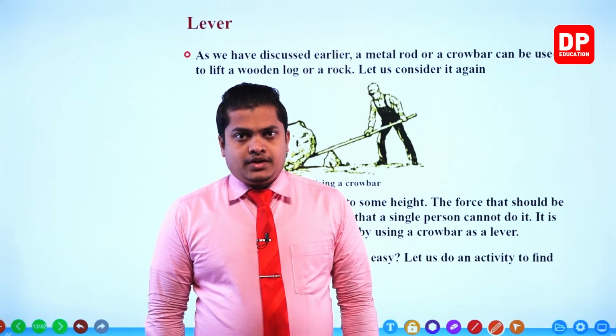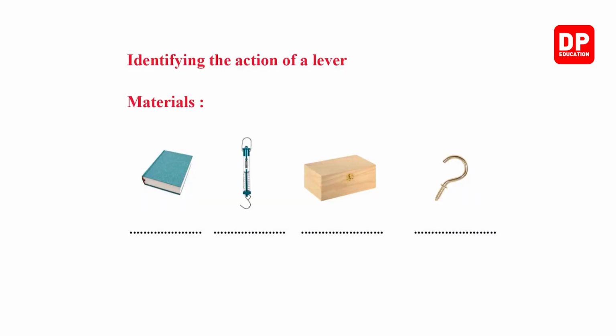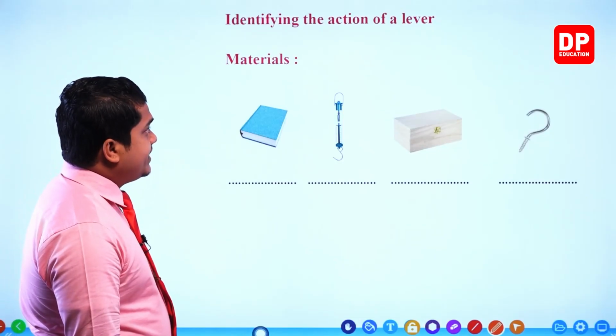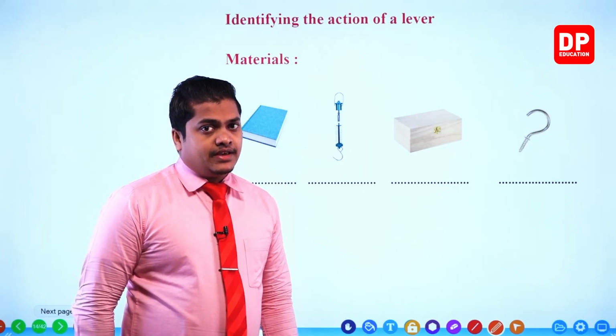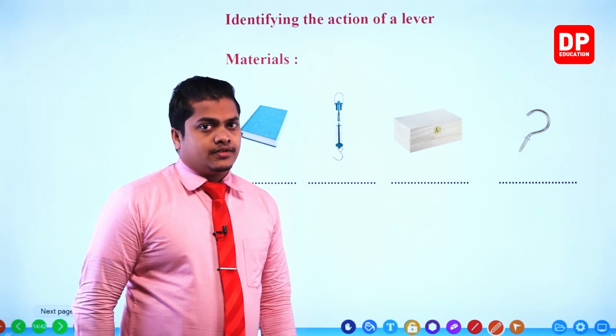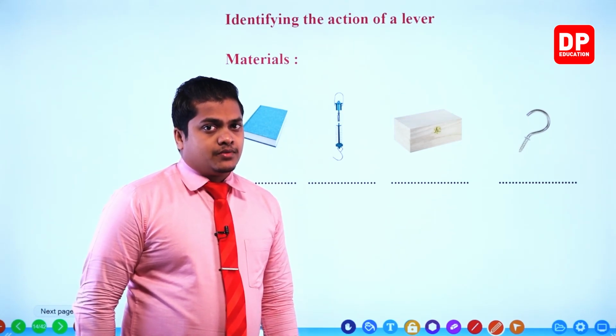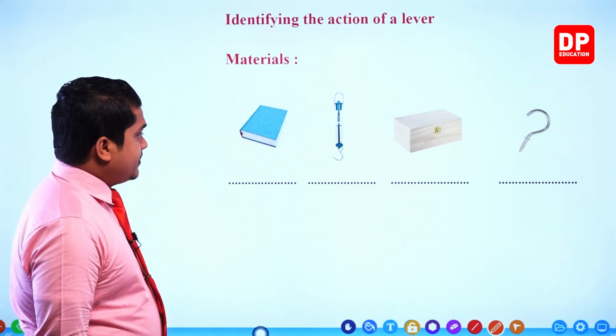Right, let's see what our activity is. In doing this activity, you will need, my dear children, these materials. Here we are going to identify the action of a lever. How does the lever act? What are the key points? We'll be investigating that here. So here it is given.